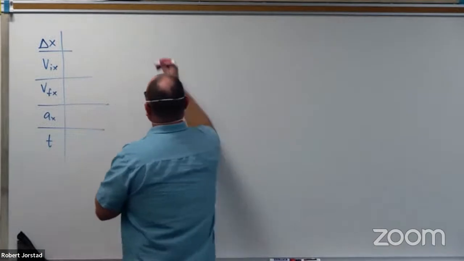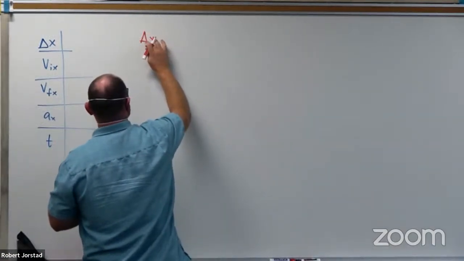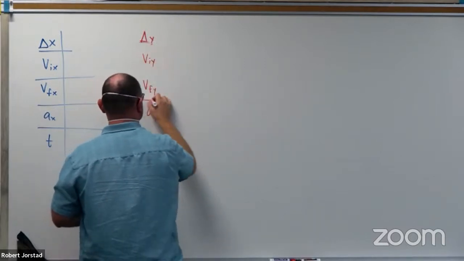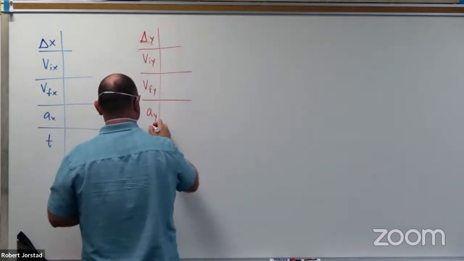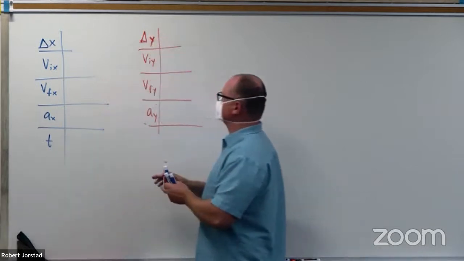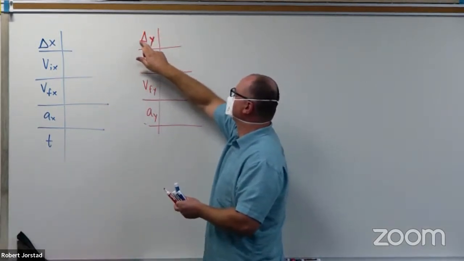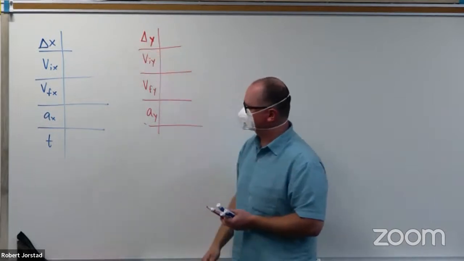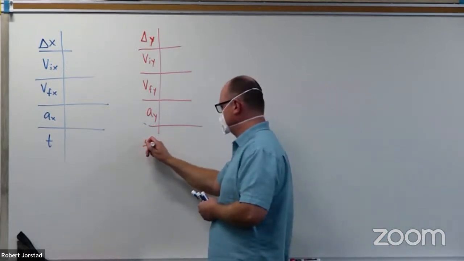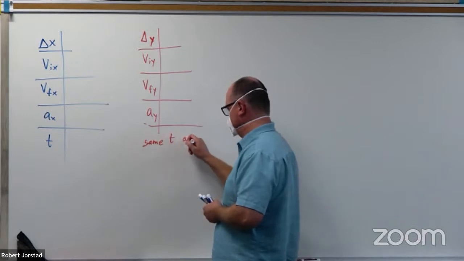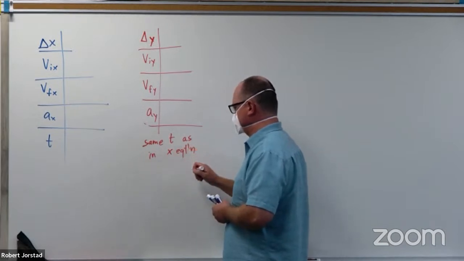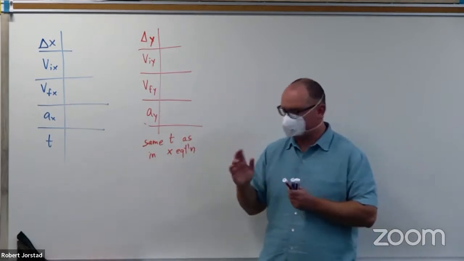Then we're going to have delta y, v initial y, v final y, a sub y, and I'm not going to write the t. Sorry that's so sloppy there. In this case, I want to point out we're assuming this thing is flying horizontally for the same time.